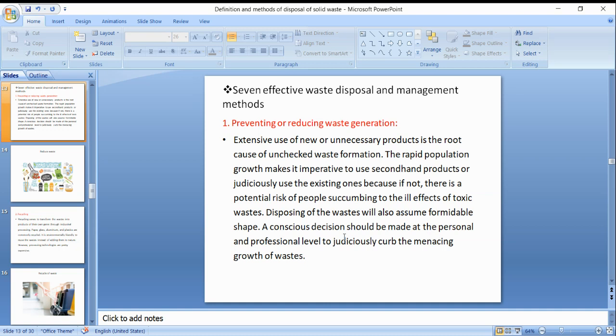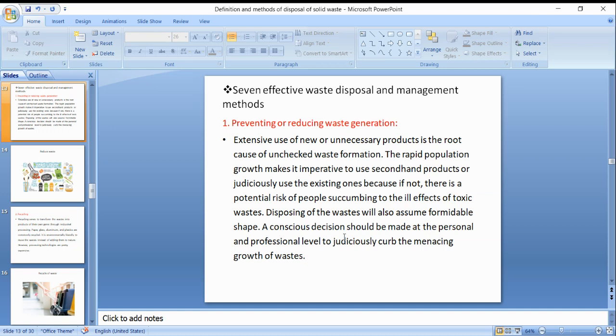Rapid population growth makes it imperative to use second-hand products or judiciously use the existing ones. If we use second-hand products, then there is no need for a new product, so we are reducing our waste generation.